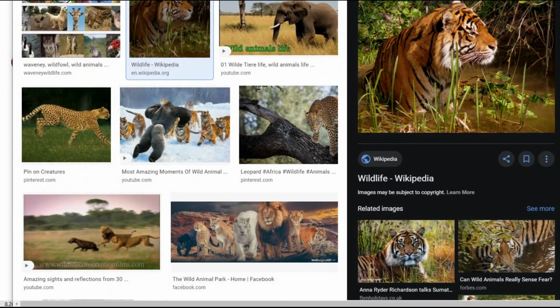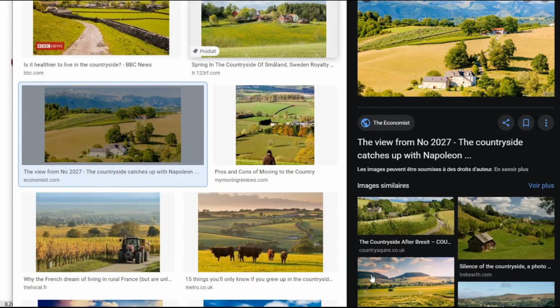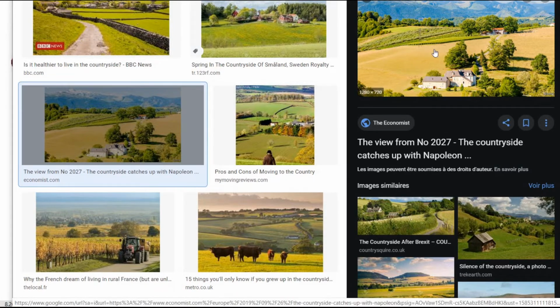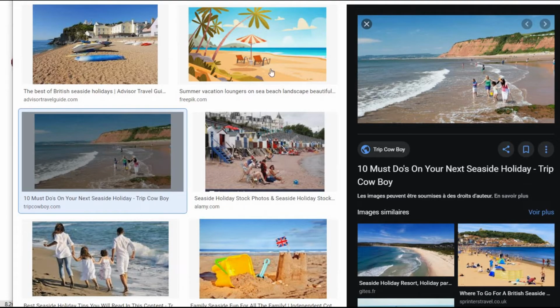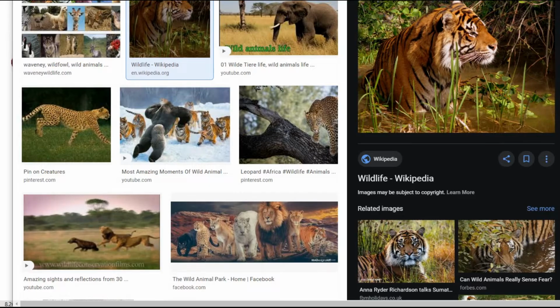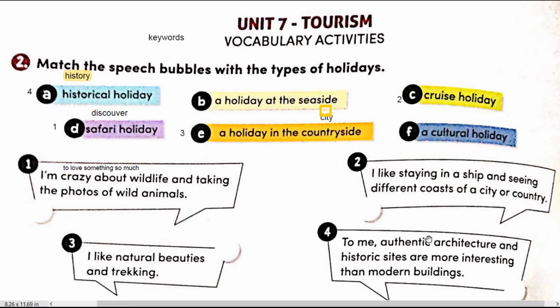So we go here to discover some types of countryside. This is a countryside where you have beautiful places to visit and to spend your holiday. Sounds good.